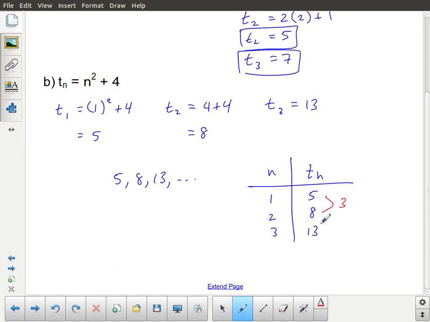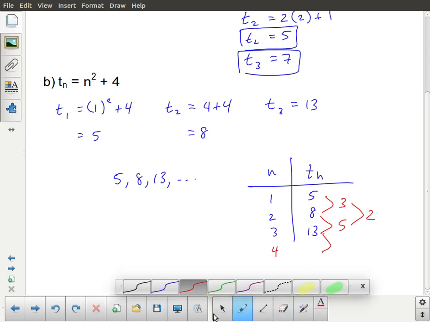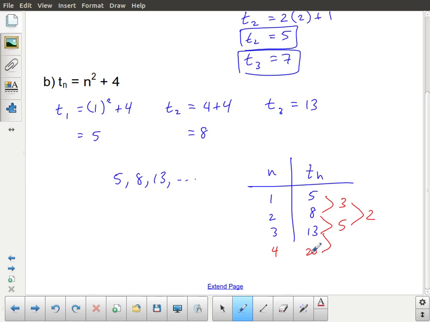8 minus 5 is 3. 13 minus 8 is 5. Actually, we don't have enough terms here, of course, we only did 3. But if we had done 4, 4 squared, 16 plus 4 is 18. 18 minus 13, what did I miss there? I did something wrong. No, 16 plus 4 is not 18. 16 plus 4 is 20. 20 minus 13 is 7. 7 minus 5 is 2.